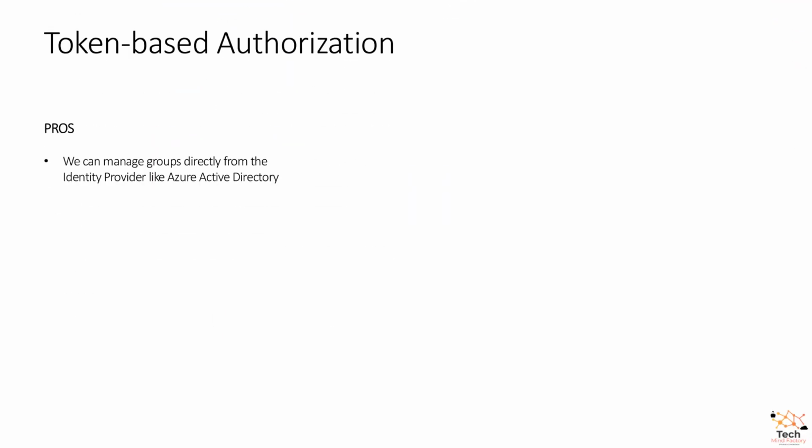But there are pros and cons of such a solution and such an approach. Let's discuss the pros first. We can manage groups directly from the identity provider, like Azure Active Directory. To be more specific, we can manage roles, groups, and basically authorization from the identity provider's perspective.